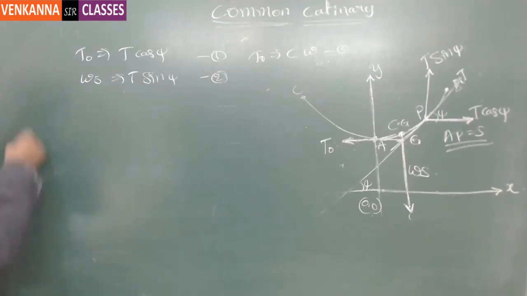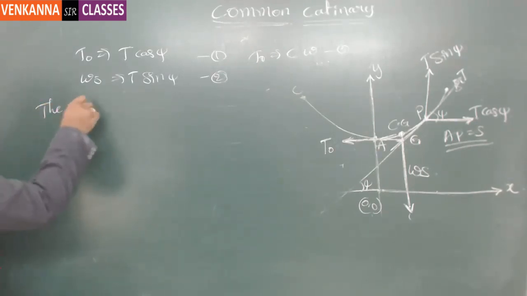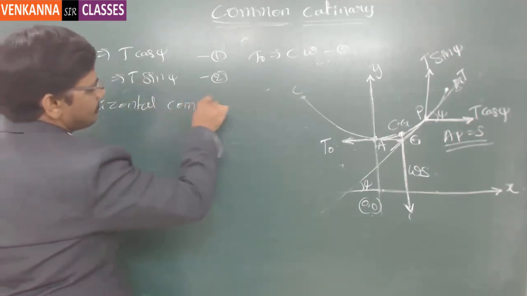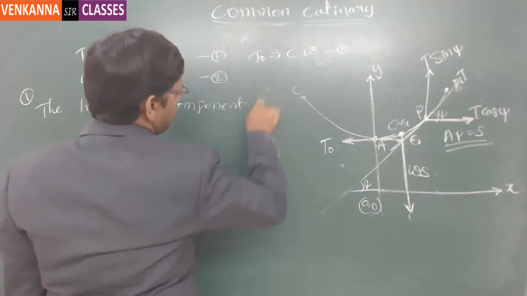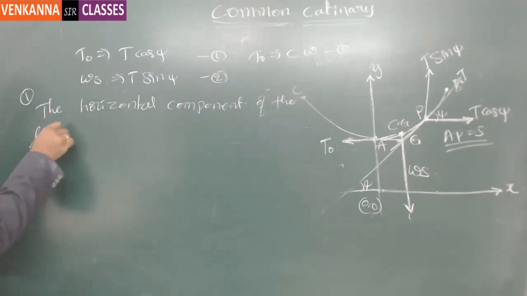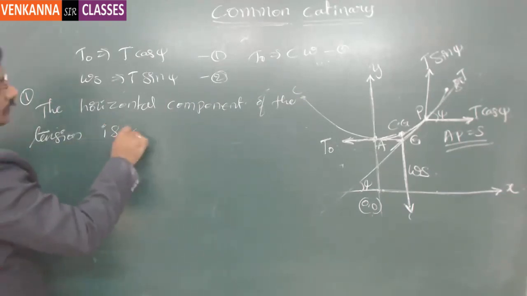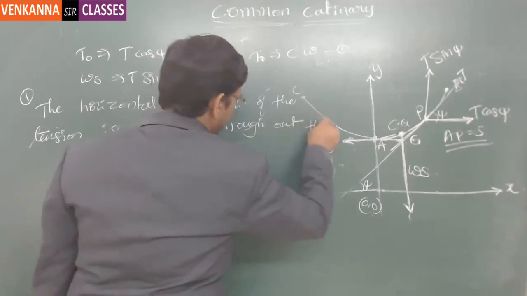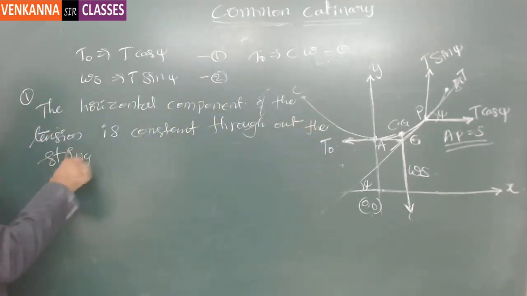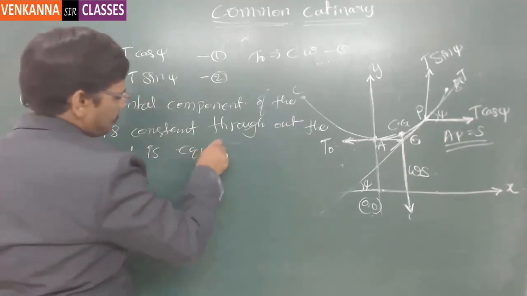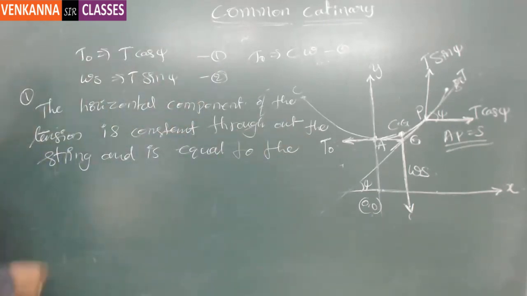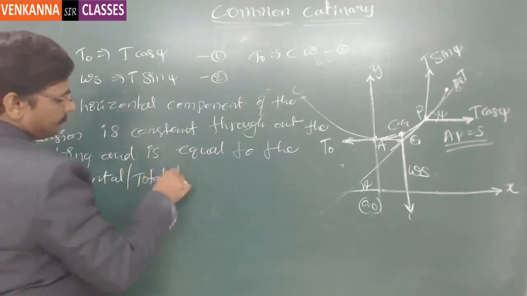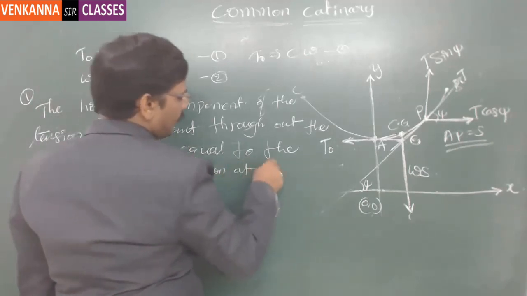One conclusion is that the horizontal component of the tension is constant throughout the string, and is equal to the horizontal tension, or the total tension, at the bottommost point.